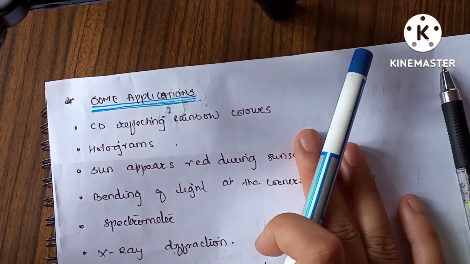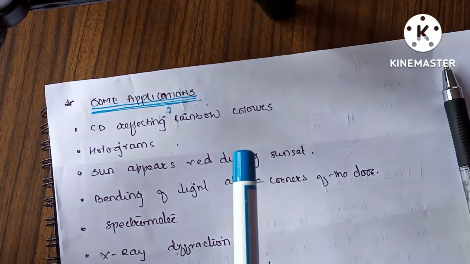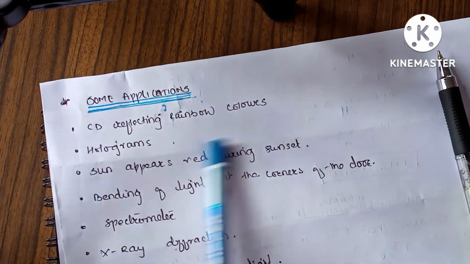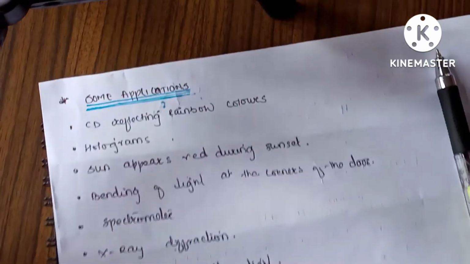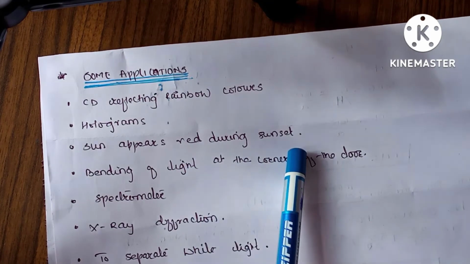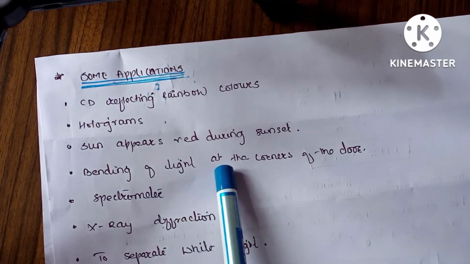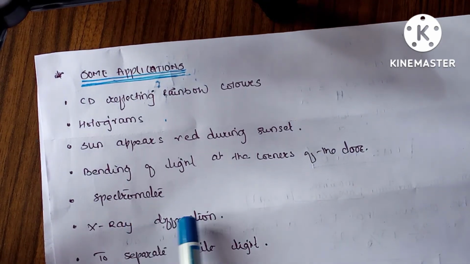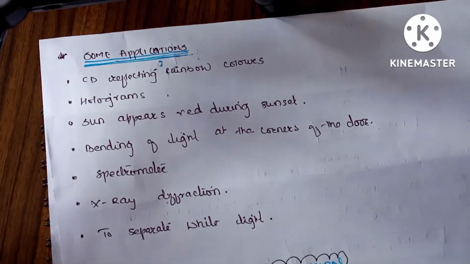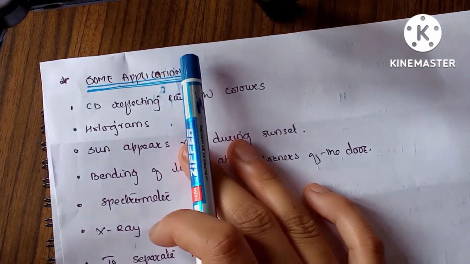Here are some applications given: CD reflecting rainbow colors as holograms, the sun appears red during sunset, and bending of light at the corners of a door, spectrometer, X-ray diffraction to separate white light. Okay, this was all about the single slit.